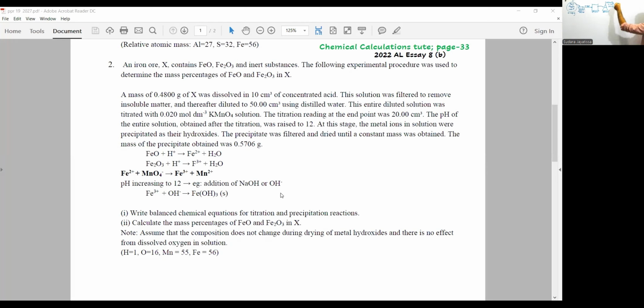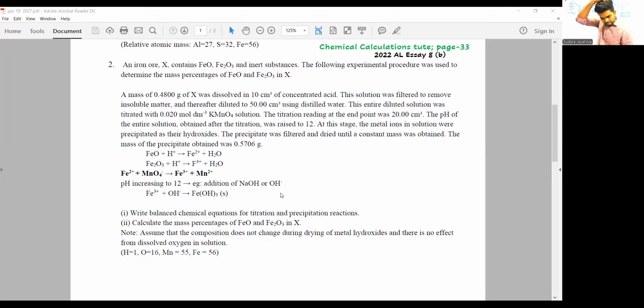So after the titration, you will get a solution, and that solution's pH value increased to 12. That means it has been made basic, no? Then it is telling that at this stage, the metal ions in the solution were precipitated as their hydroxides.